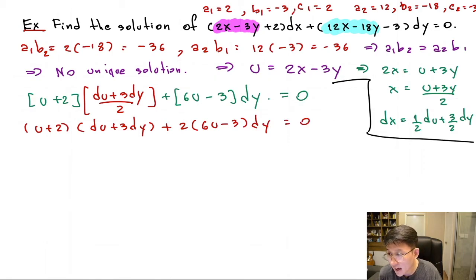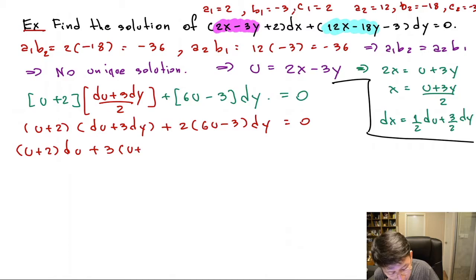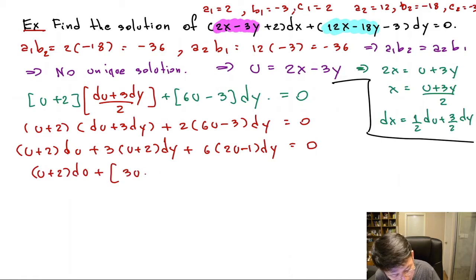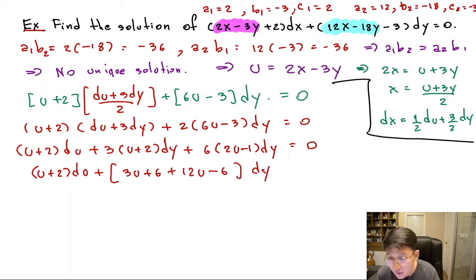And in that case, I have u plus 2 du plus 3 dy plus 6 times 2u minus 1 dy equals 0. Right? And then I have u plus 2 du plus, what is it here? 3u plus 6 plus 12u minus 6 dy equals 0.